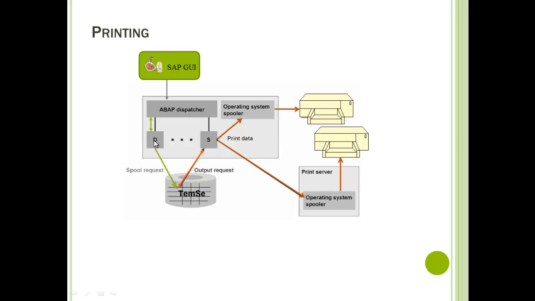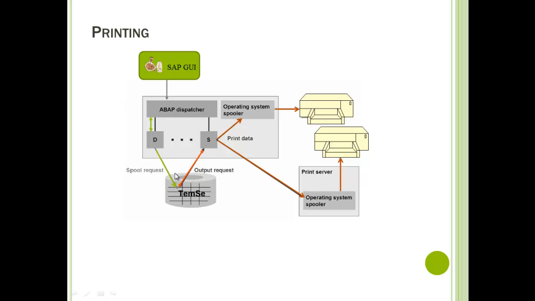This spool request can be created by the dialog user. Let's say I want to print the invoice. I can go to the specific invoice and choose print. At that time it will create the spool request, send it to the spool work process, and then it will go to the printer. You can also create a spool request from a background process.